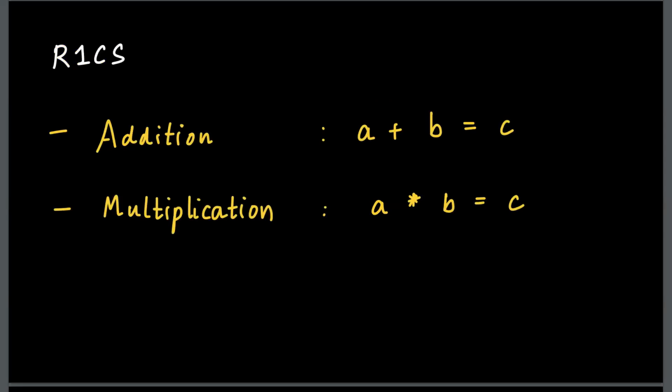Constraint system, and specifically R1CS, the rank 1 constraint system, is a constraint system where you can express logic in terms of addition and multiplication only. You can have any logic, but in the end, you have to boil it down to one of these two operations. For simple programs, this is much easier, but for complex ones, this becomes pretty difficult.